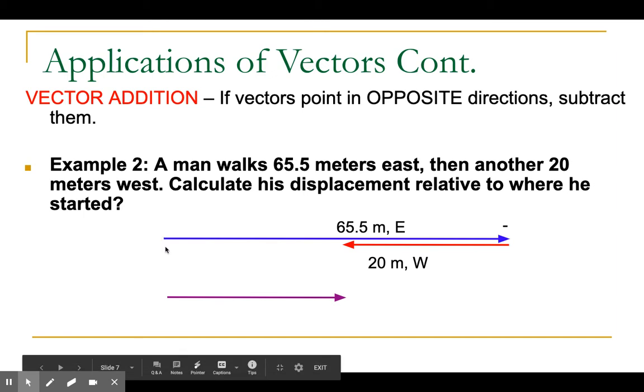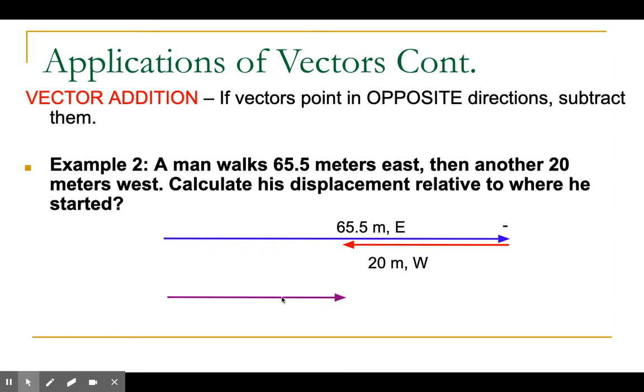We get a length that is equivalent to the vector denoted on the screen. The magnitude of the vector is 45.5 meters, and that vector points in the east direction, as the man ends east of where he began. So he ends east of the origin, so the direction of the displacement would be east. The magnitude of the displacement is 45.5 meters.